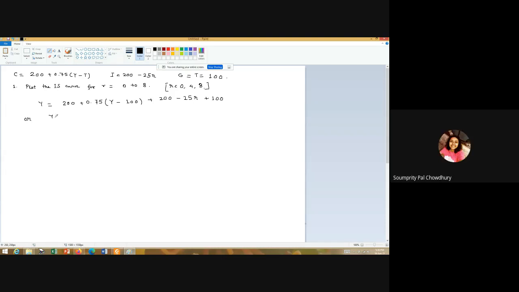Y is equal to 425 minus 25R, whole divided by 0.25.